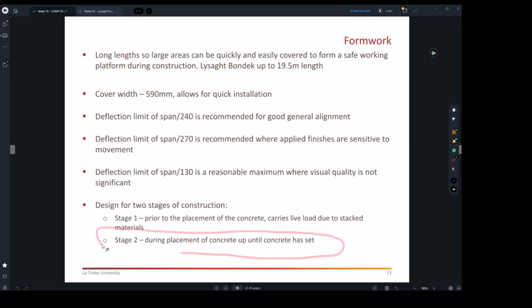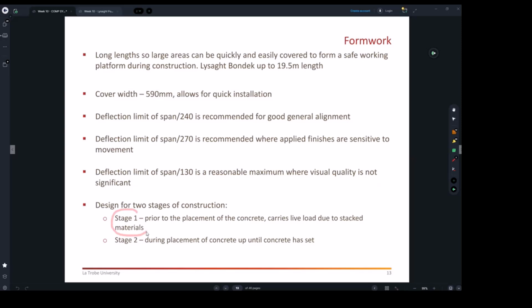If you have a 200 thick slab, there is a pressure on the bonding, because remember, when it's wet, nothing is carrying the gray concrete, only the bonding. So in summary, when those metal sheets are designed, they are designed over two separate stages.